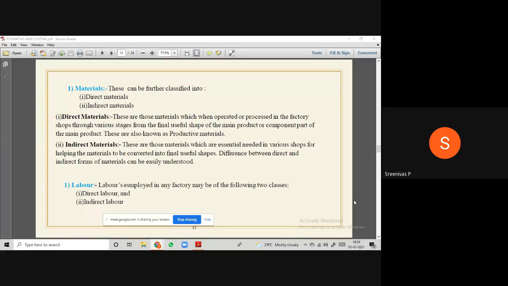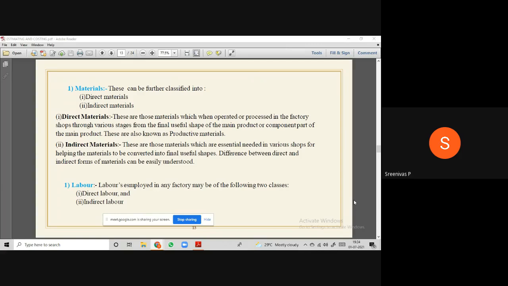So these coolants will act as indirect material. The direct material is the material used for manufacturing the gear. Indirect material means the coolant used to reduce the temperature at the work tool interface. This coolant may be in the form of oils or grease or some other liquids.